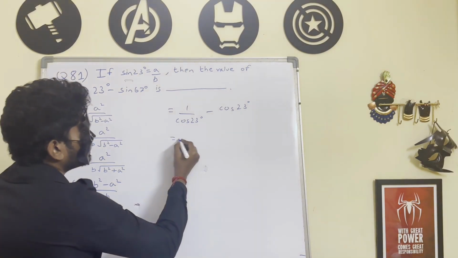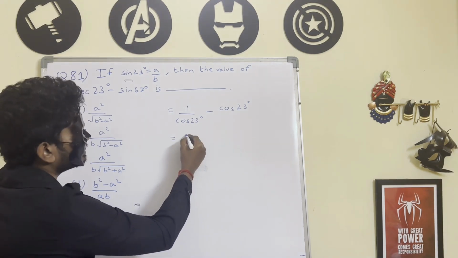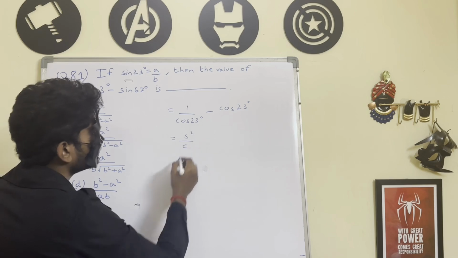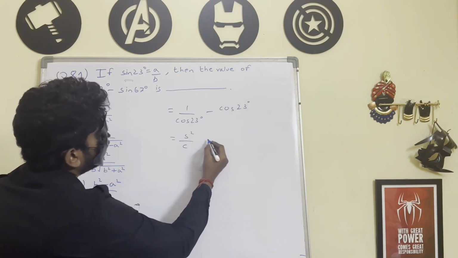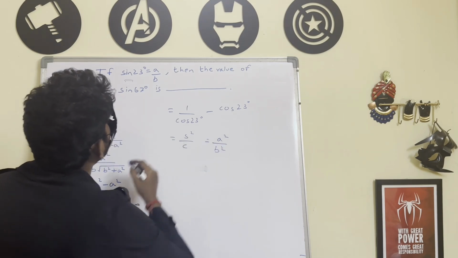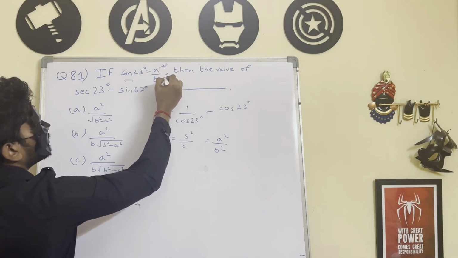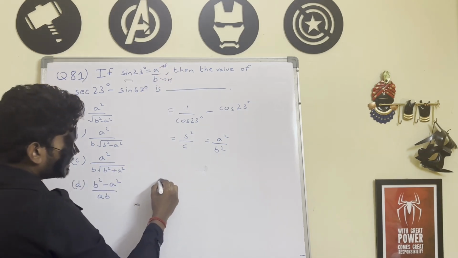So here this is nothing but 1 minus cos square in the numerator, by cos theta. So it's nothing but sin square by cos. So here sin is given as A by B, it's nothing but A square by B square. Sin is nothing but perpendicular by hypotenuse, right? And what will be the base?